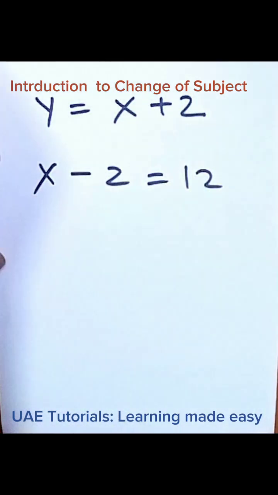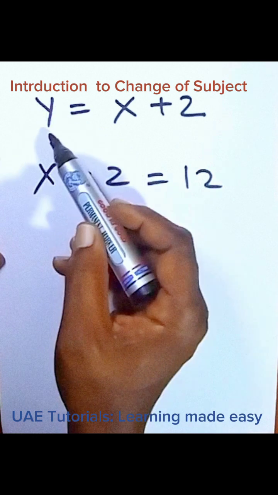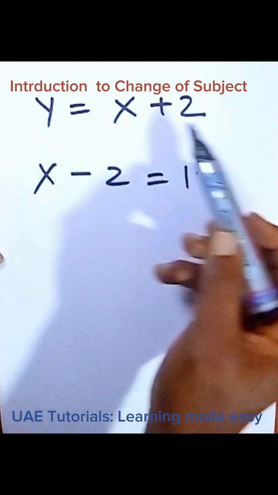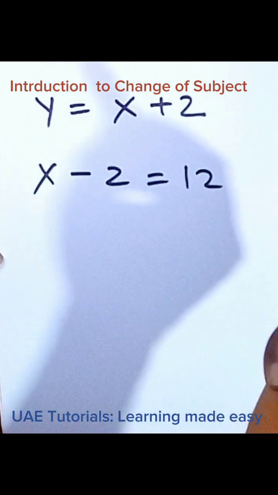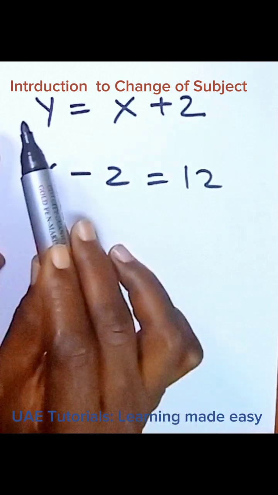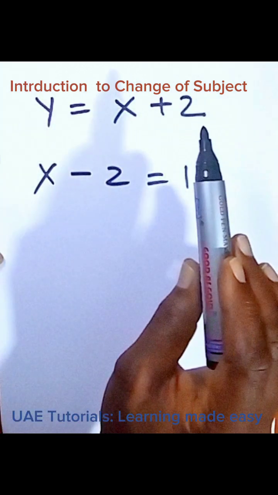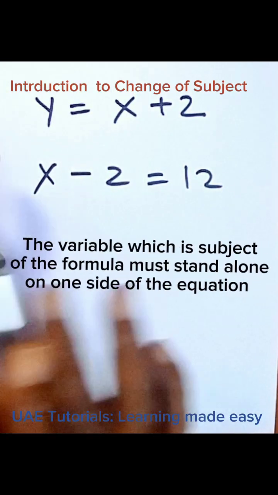Now, this brings us to the topic of changing the subject of a formula. In this case, we are saying that y is the subject of this formula. The variable that is of interest, that you want to find out, you make it the subject of the formula. To make it the subject of a formula, that variable has to be alone on one side of the equation.